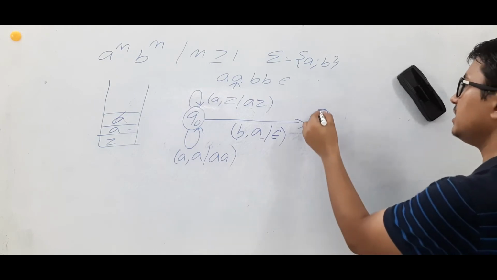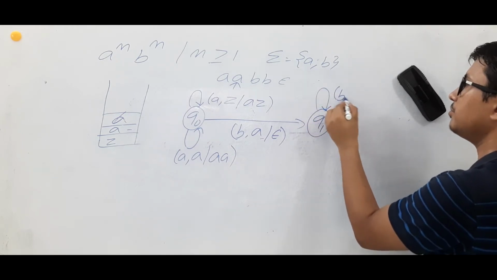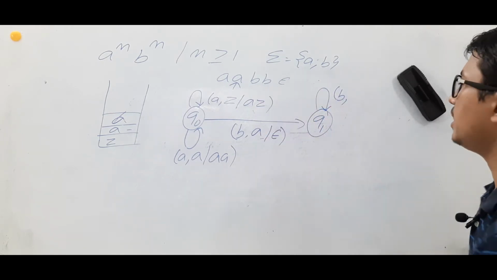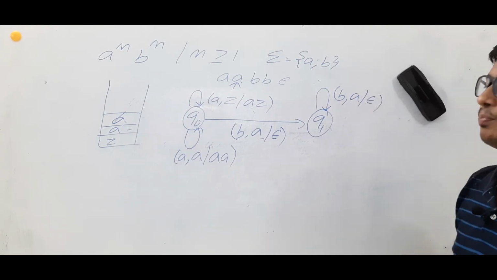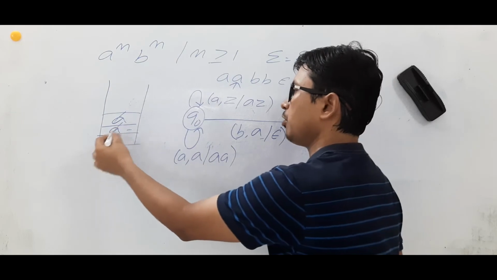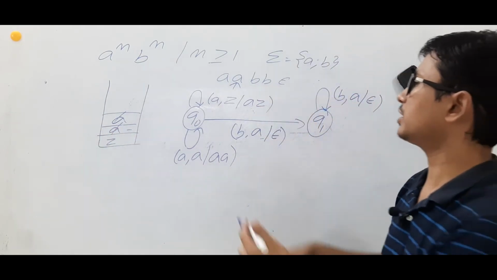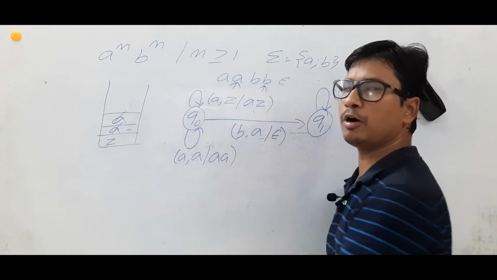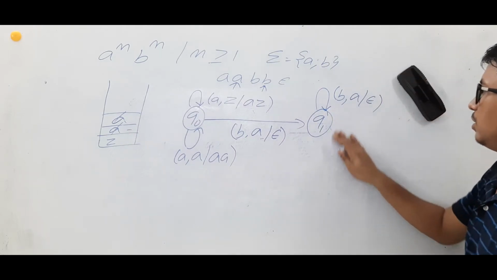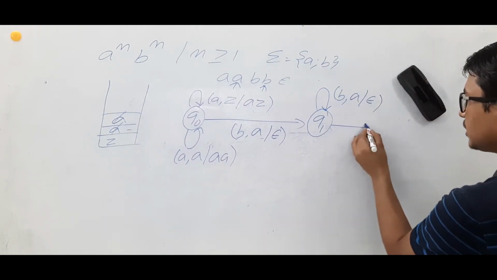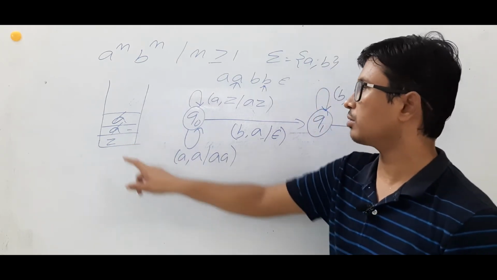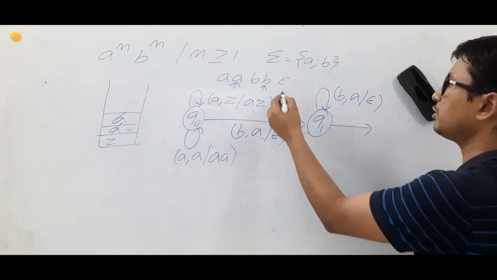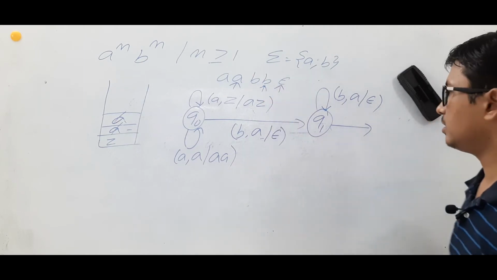Now if I see any number of B's as the input and the stack symbol is A, then what should I do? I have to pop it. Whatever the number of B's coming, I will pop the corresponding A's. Now once I do it, I will find a Z which is at the bottom of the stack and my input will be epsilon.